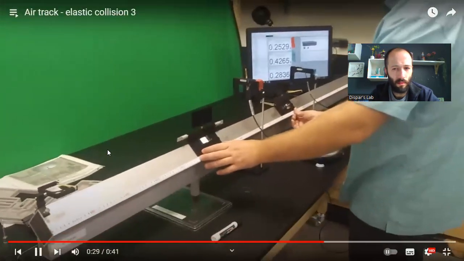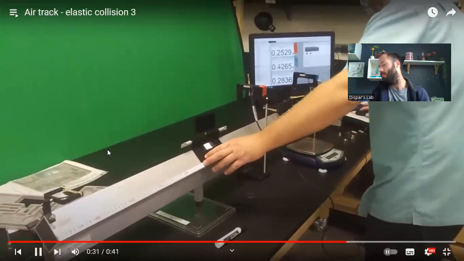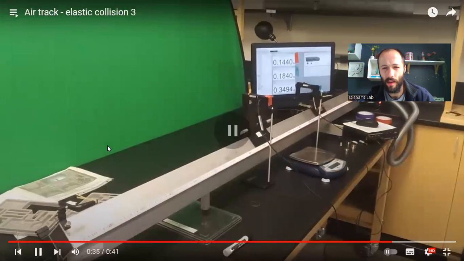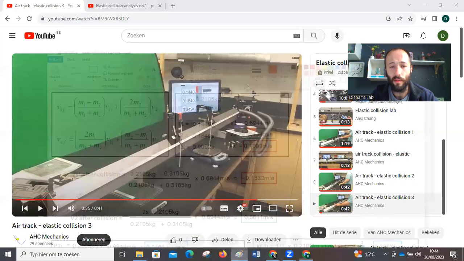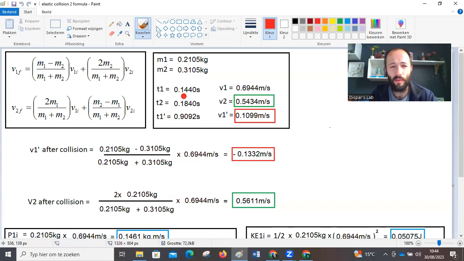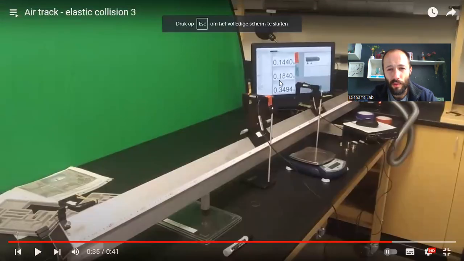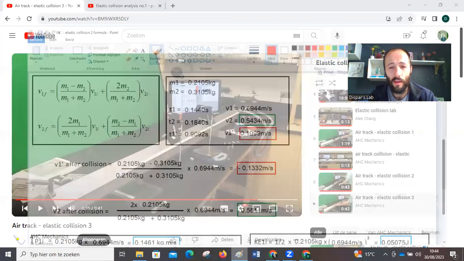Here we go. Reset timer. All right. So the first timing is 0.1440 for part one. Time one equals 0.1440 seconds. And the second timing is 0.1840.